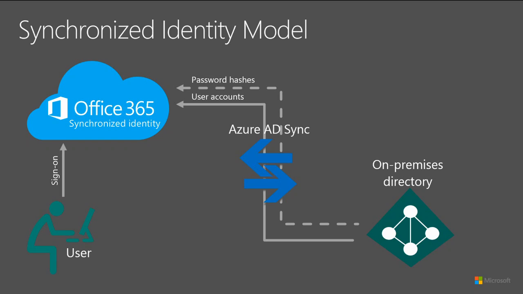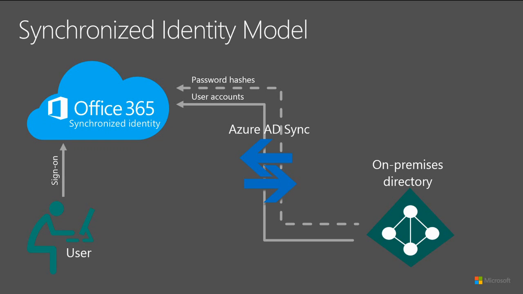And this is a scenario where we have turned synchronization on. So from the on-premises Active Directory, we are taking the user and the attributes, and we're copying them up to Azure Active Directory in the cloud. And if we turn on password sync, we actually take the password hashes from the local password and put them up into the cloud for what we call same sign-on, not single sign-on, because you still need to sign in.